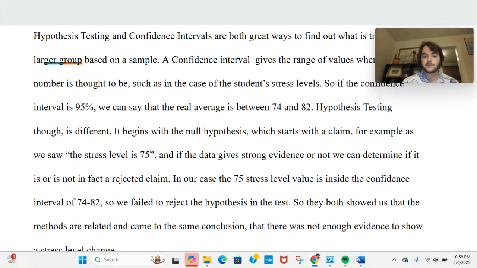In our case, the 75 stress level value is inside the confidence interval of 74 to 82, which fails to reject the null hypothesis in this test. So they both showed us the methods are related and came to the same conclusion that there was not enough evidence to show a stress level change.